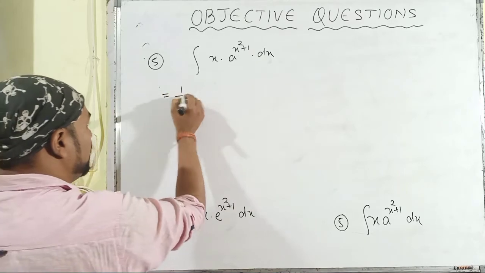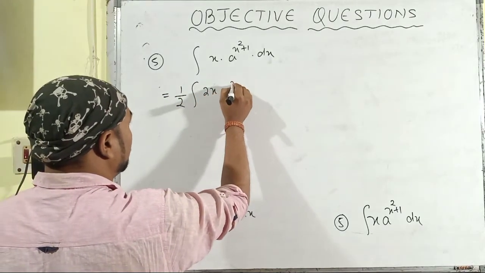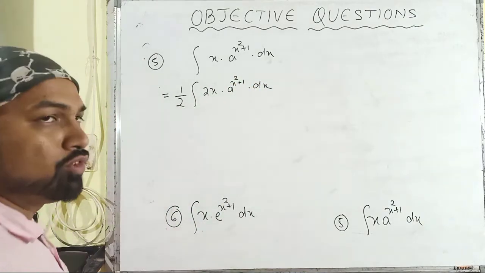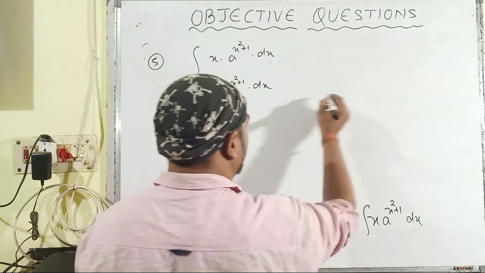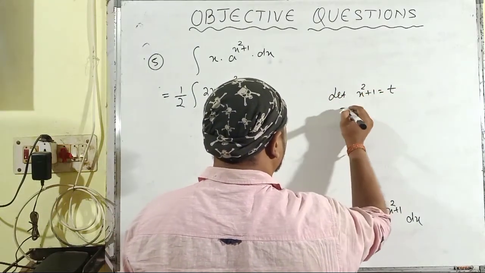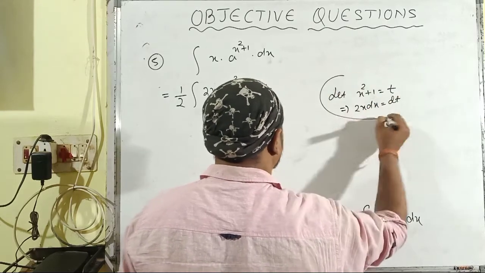So first of all let us divide by 2 here and multiply by 2 here, so that we can put x square plus 1 as t. Let x square plus 1 be t, then 2x dx is dt.